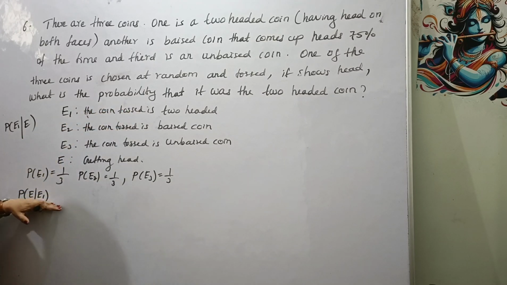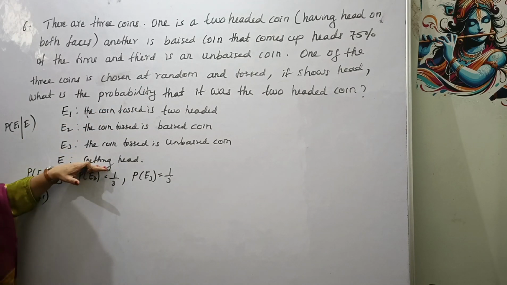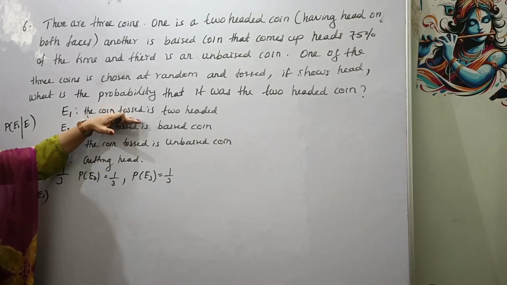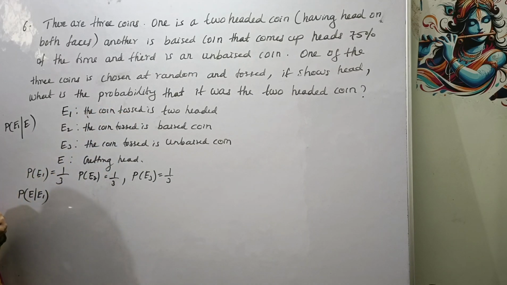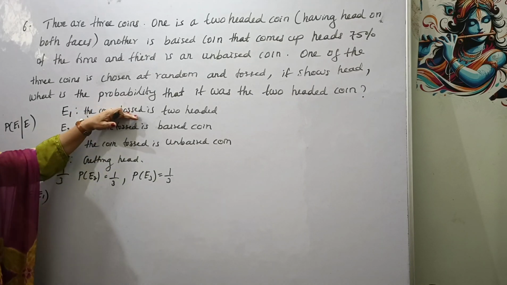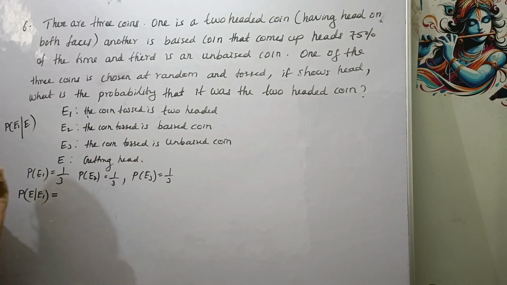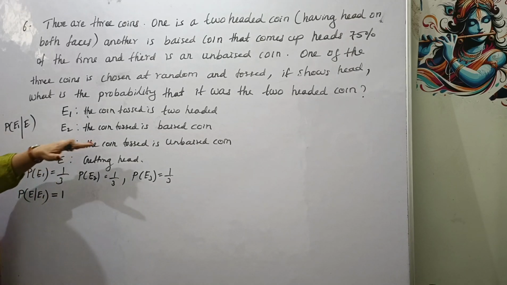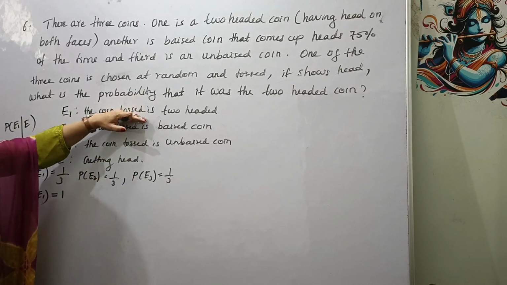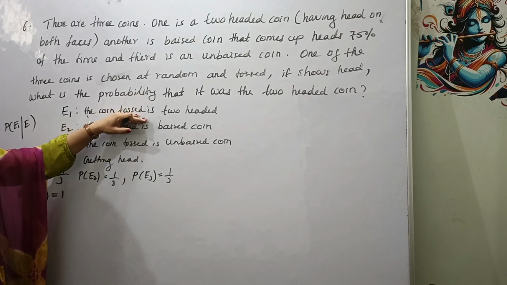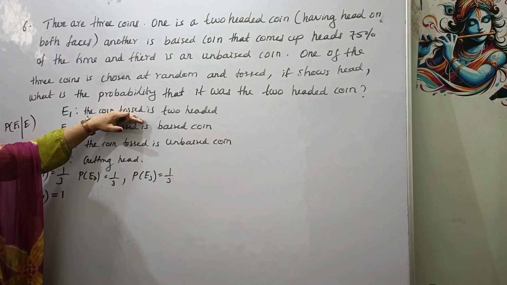So what is the probability of getting head out of this one? That is nothing but 1. Probability is 1, because there are only heads and no tail. Because there are heads on both sides.